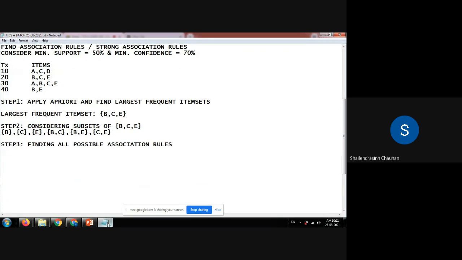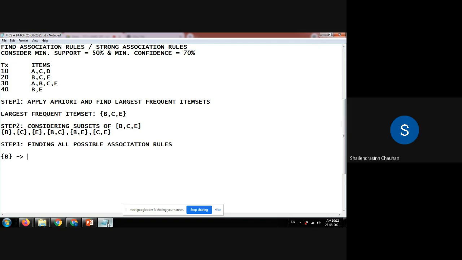How are you going to create these rules? For that, first of all, we are going to consider the item sets in such a way that one item will be there on the left hand side, one item on the right hand side, with one condition. Assume that we are considering this subset.